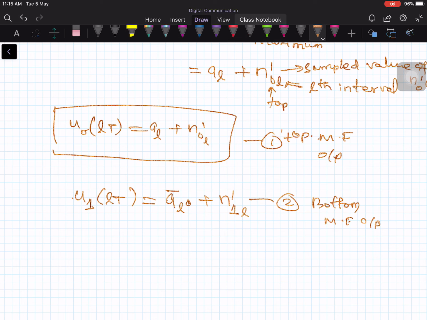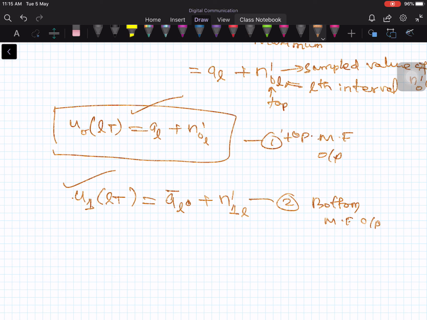Now these two should be compared. Your decision is going to be based on both of these, deciding which one is larger. I need to decide whether this one is bigger or that one is bigger. So I can compare these two and take a decision. This is one way of taking the decision.